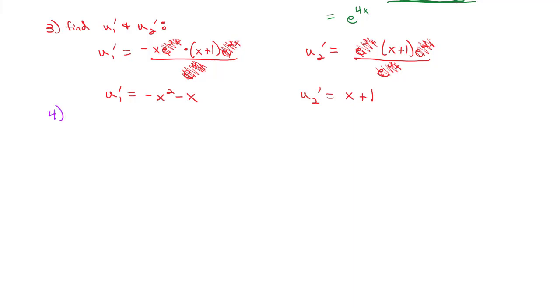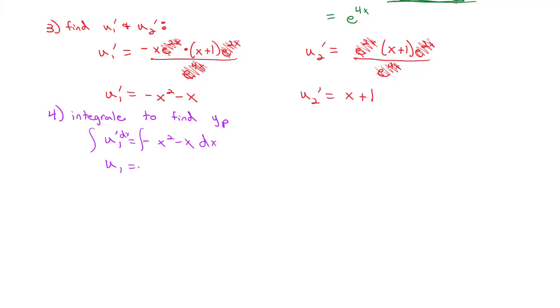Now that I have those prime, we can integrate them to get what u1 and u2 actually are to find my y particular. If u1 prime is equal to negative x squared minus x, I can integrate dx, both of those.